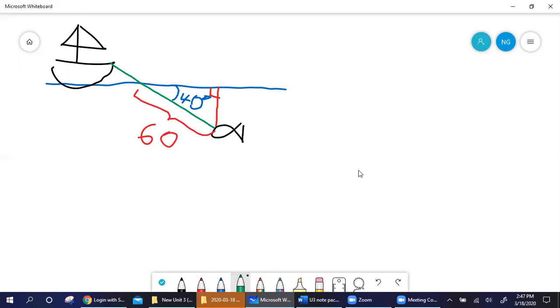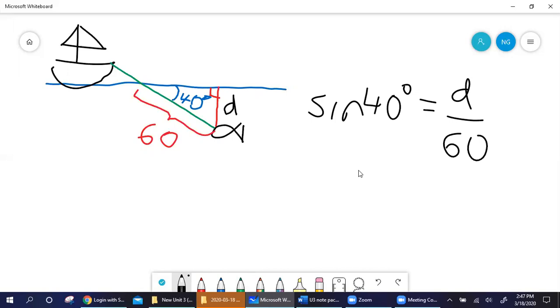So I'll just call it D for depth. That's the side length I want to know. So looking at this triangle, it's opposite over hypotenuse again, so this is going to be another sine problem. So sine 40 is opposite over hypotenuse. If I multiply it over, I've got 38.57 feet.